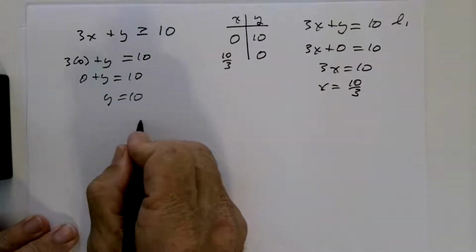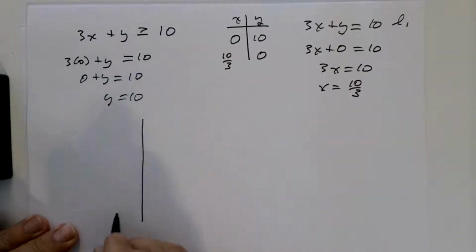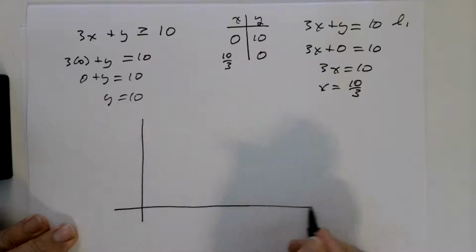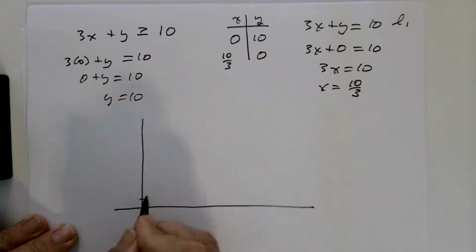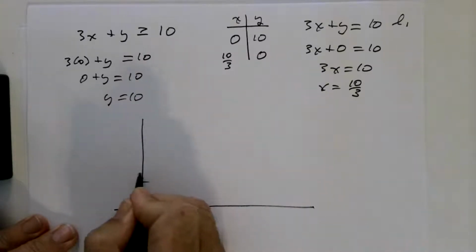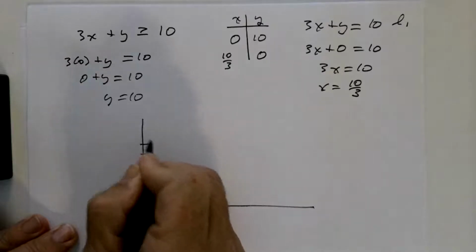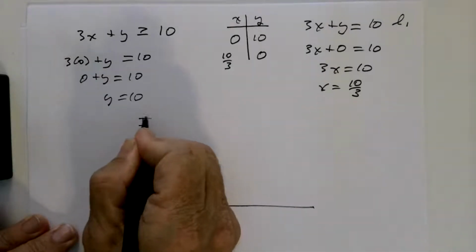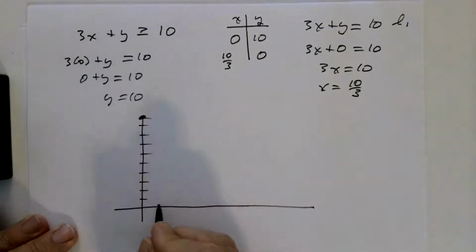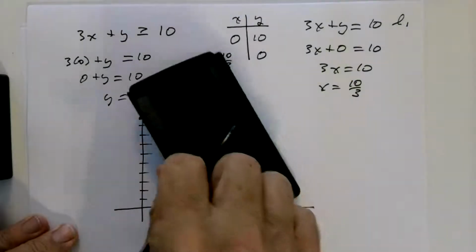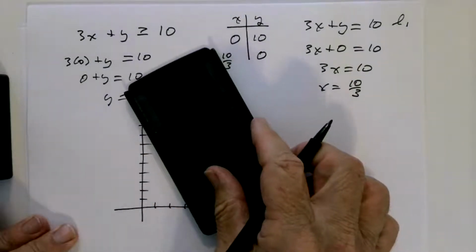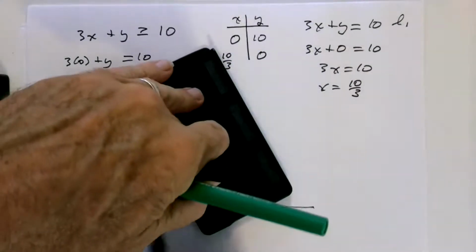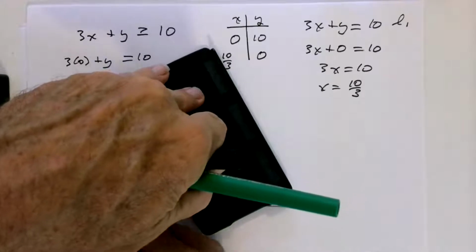So if we want to graph this in the first quadrant, y goes up to 10. X goes up to 10 thirds, so just a little bit more than 3. So the line in the first quadrant will be this.